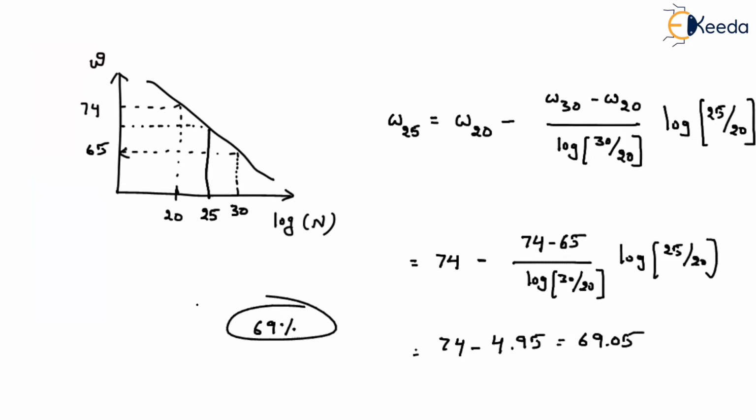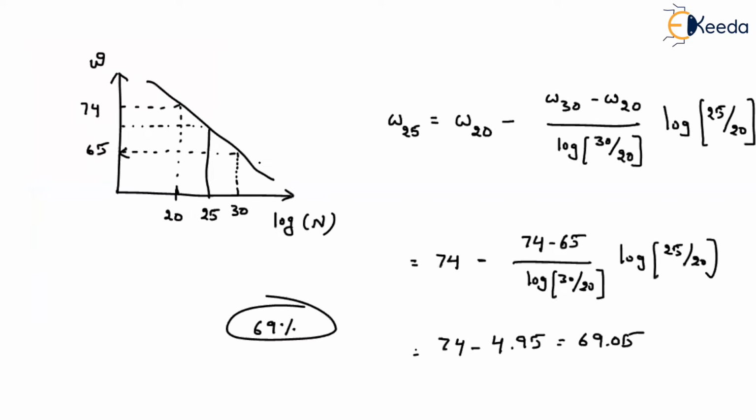Suppose, if you remember, in the same question they can ask you about the flow index also. What is meant by flow index? Flow index is nothing but the slope of the flow curve. You can directly take it by taking any two known values.